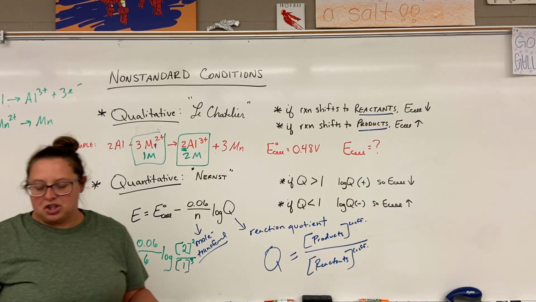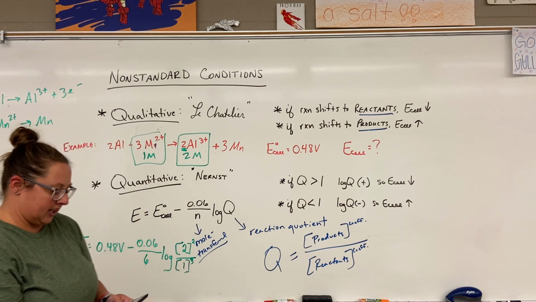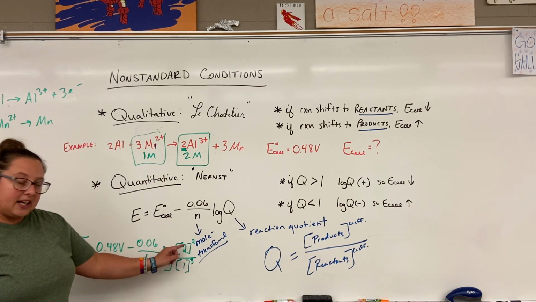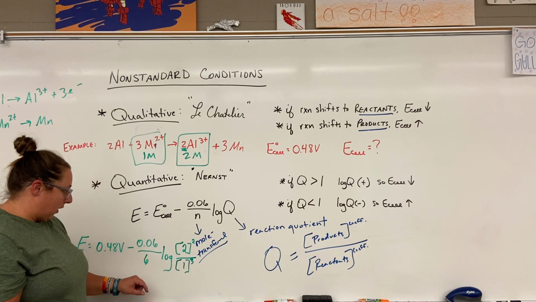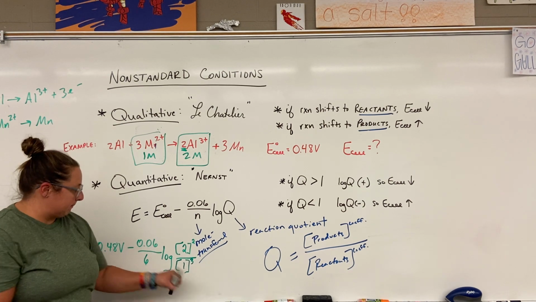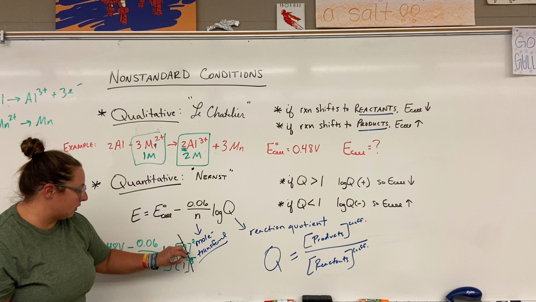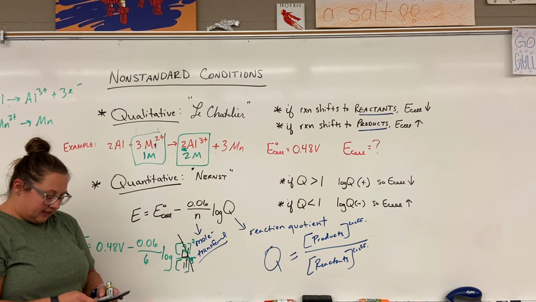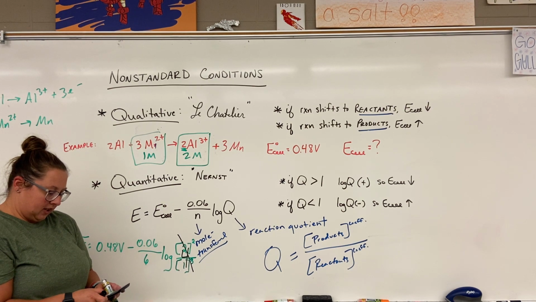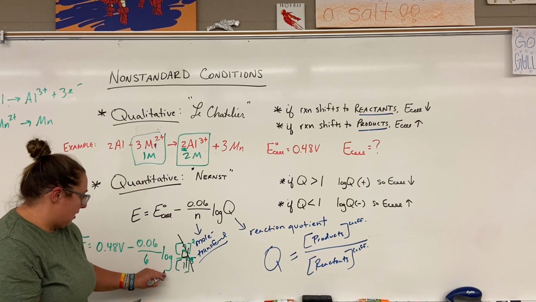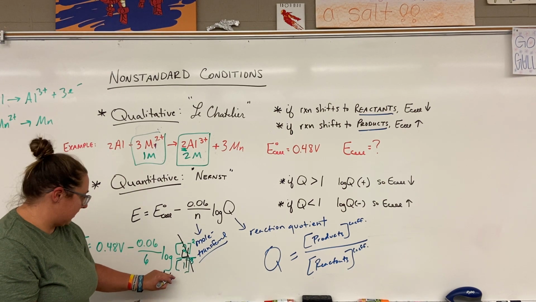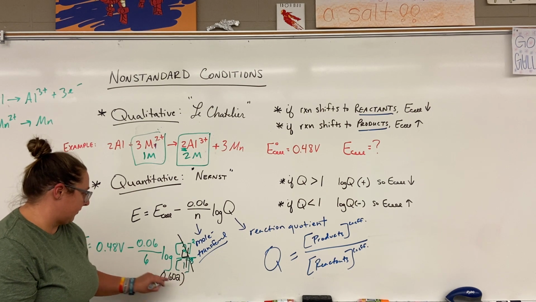So let's actually do that. I'm going to take some time to actually calculate that out. So let's start here. 2 squared divided by 1 cubed is equal to 4. All right, we're okay with that, right? That's equal to 4. Now we're going to take the log of 4. So the log of 4 is equal to 0.602.